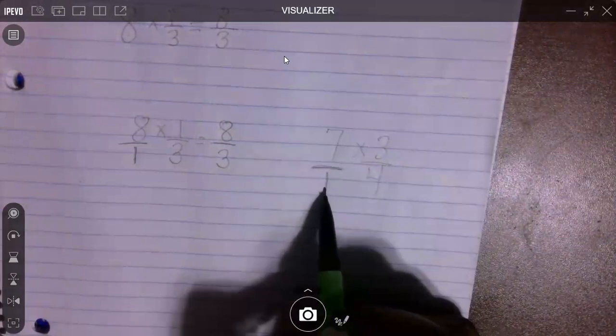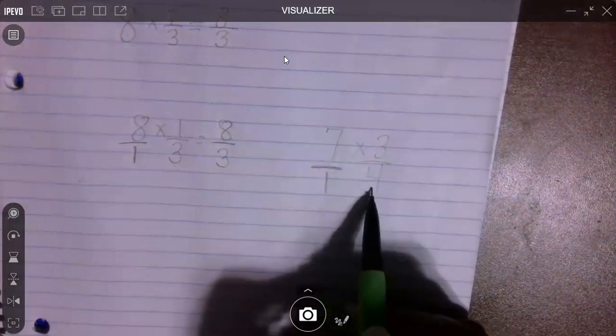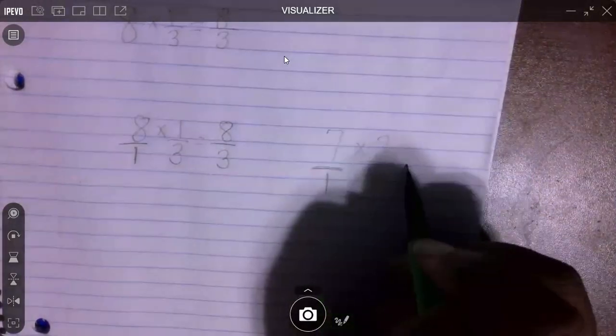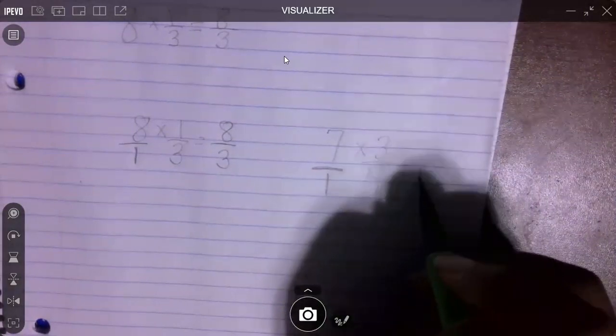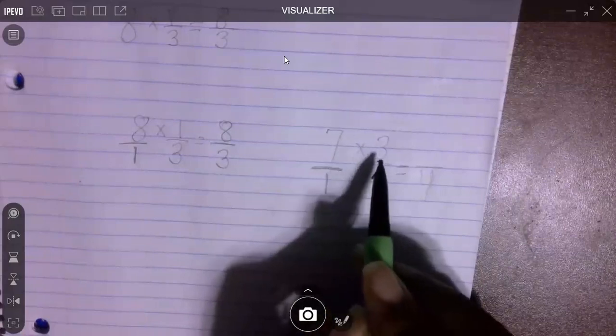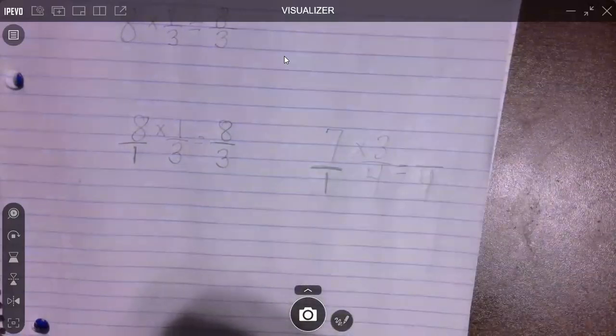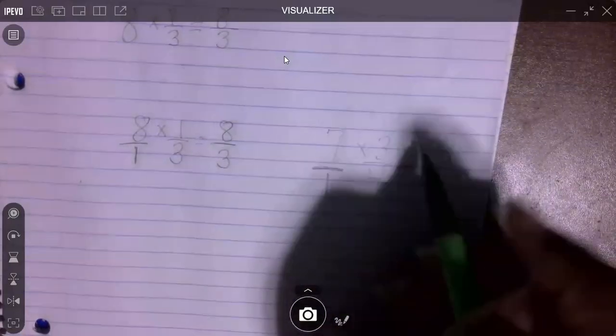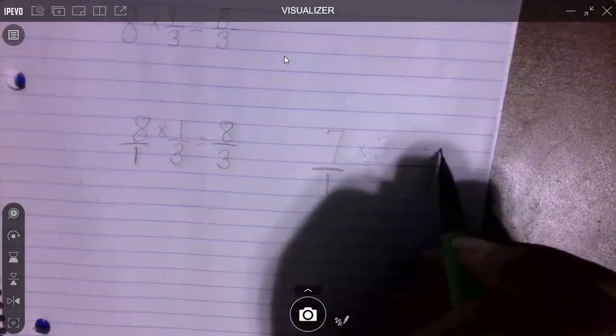Then I'm going to multiply my denominator times my denominator, 4 times 1 is 4. Then I'm going to multiply my numerator times my numerator, and 7 times 3 is 21.